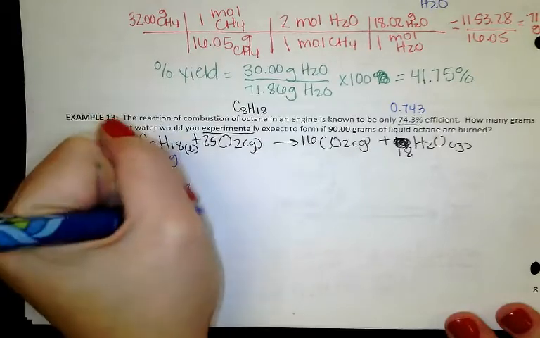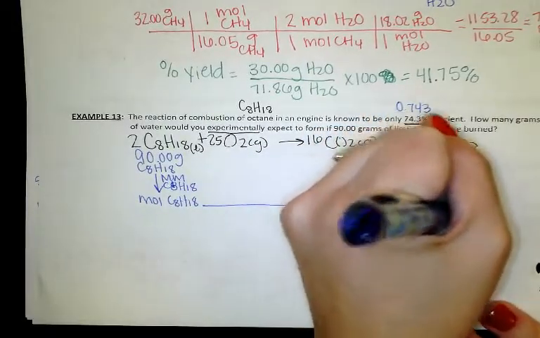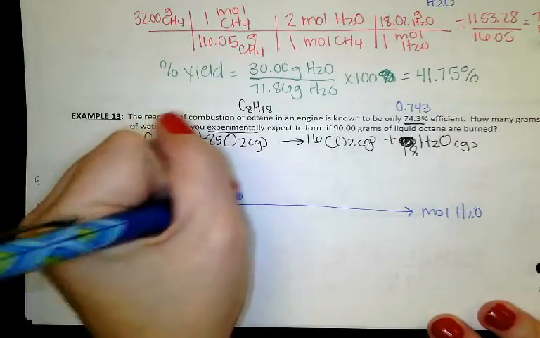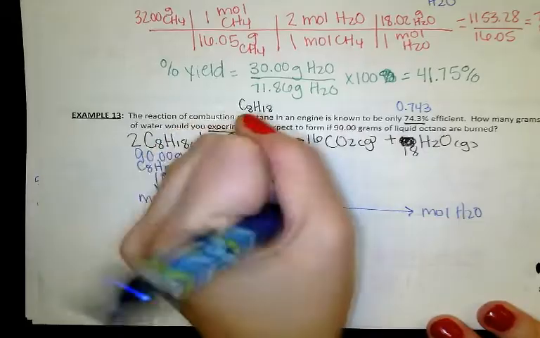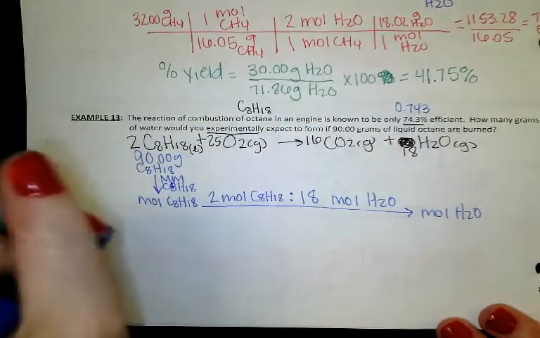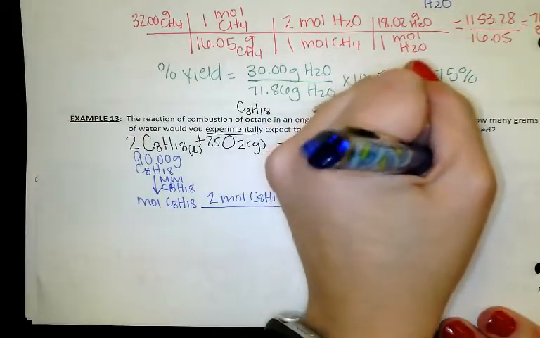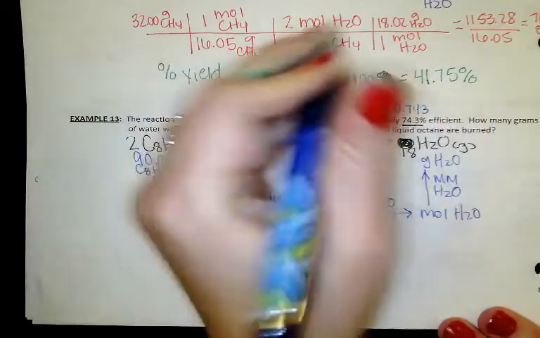So 2 moles of octane to 18 moles of water. Okay. Then moles of water to grams of water using the molar mass of water. And then after we get this answer, we're going to multiply that by 0.743. That should give us our experimental yield.